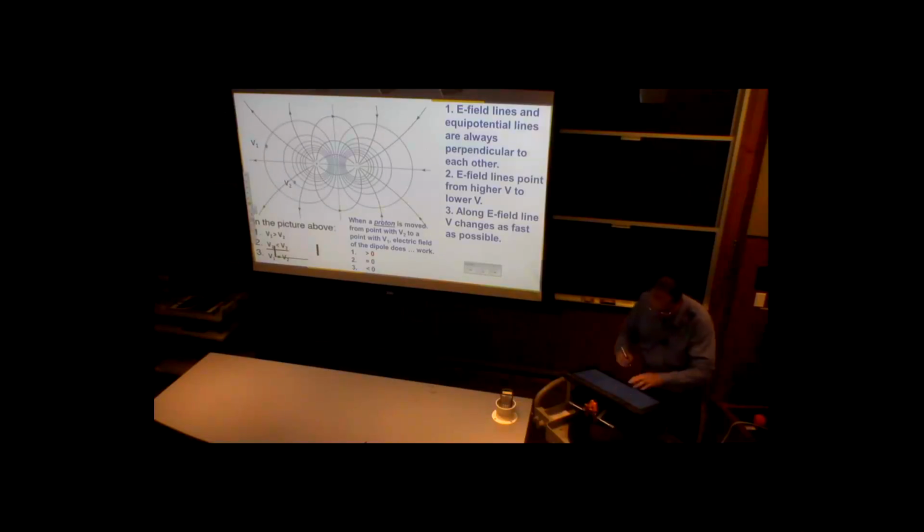For example, here, I know that at all of these points, the electric potential is supposed to be equal to this number. And I know that at all of these other points, the electric potential will be equal to this number. And I know that electric field lines point from a higher potential to lower potential.